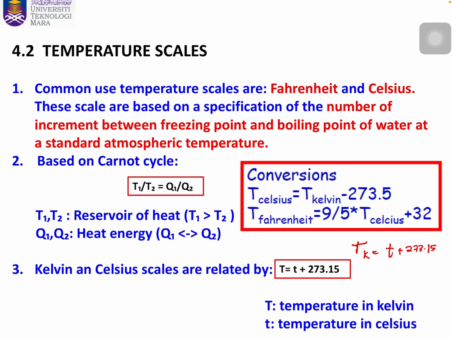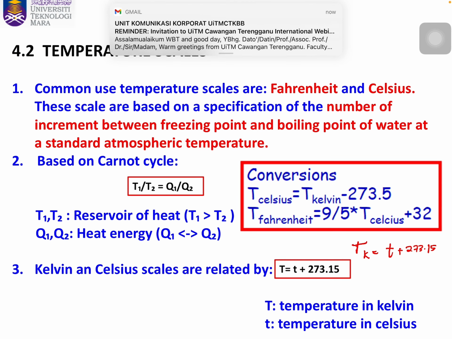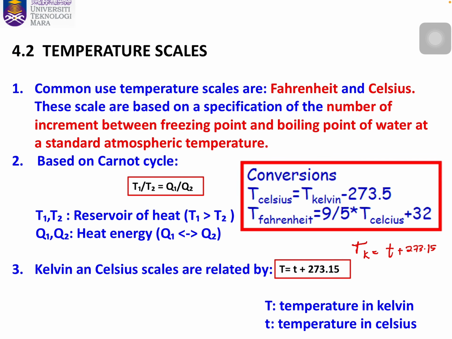Next, we move to the temperature scale. I'm sure that you all already know. Commonly used temperature scales are Fahrenheit and Celsius. These scales are based on specification of the number of increments between freezing point and boiling point of water at a standard atmospheric temperature.